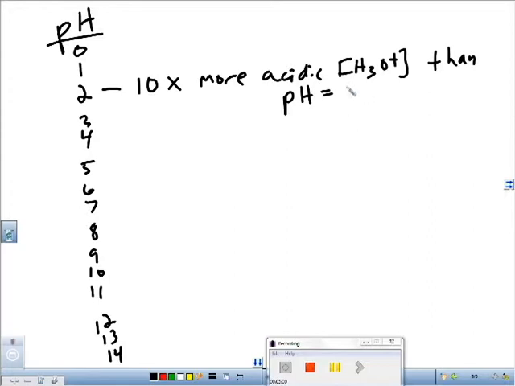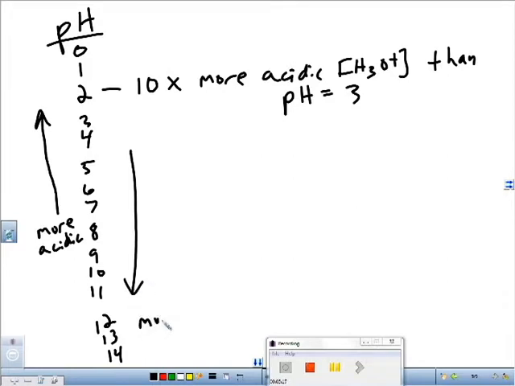Then pH equals 3. Because as we head in this direction, that is more acidic. As we head in this direction, this is more basic. And each jump in pH in either direction is 10 times more of those things.